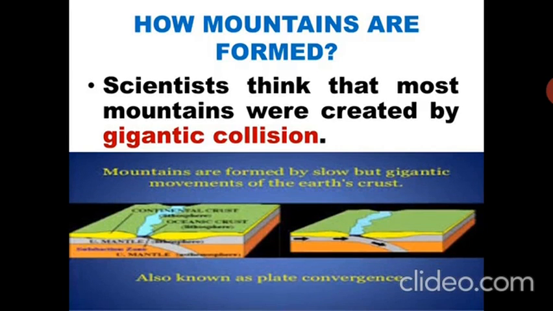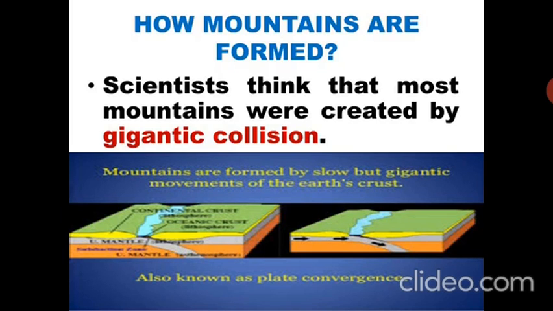Gigantic means a very great size, a very huge part or piece, and collision means it hits, when very large pieces of anything hit each other. Maybe it could be the earth crust, the earth plates. So when very huge things hit or crash with each other, the mountains are formed.